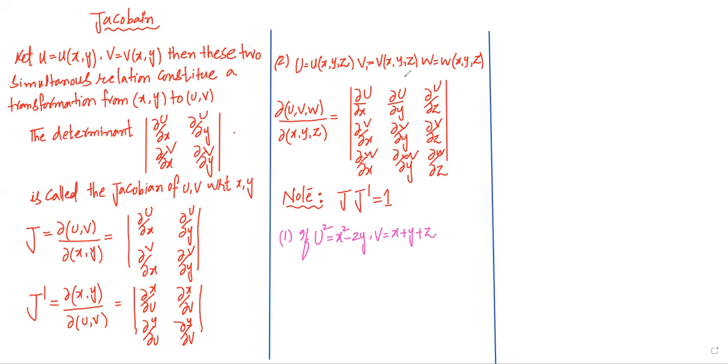Is the board visible for all the students? Yes, sir. w is equal to x minus 2y plus 3z.